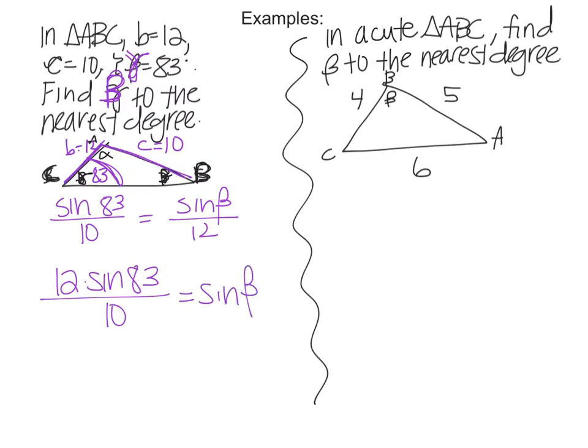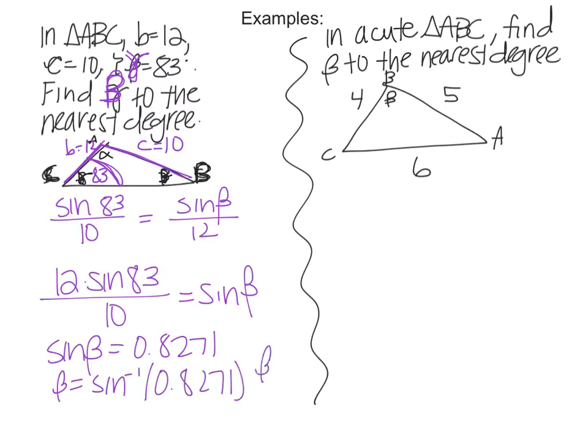So when we plug this into our calculator, we end up getting that the sine of beta is equal to 0.8271. And then using our knowledge, we know that beta is equal to the inverse sine of 0.8271. So that tells me that beta is about 56 degrees.